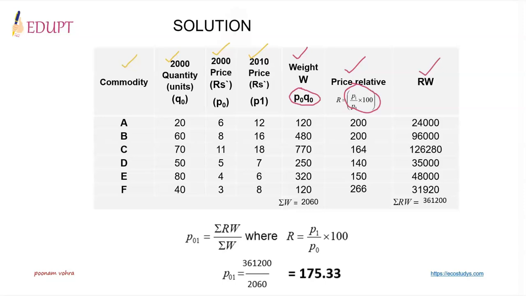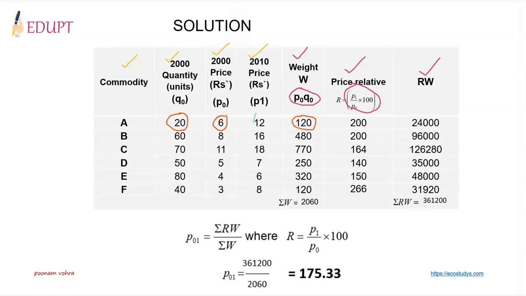Let's have a look at the first item. Now, to find P0 Q0, you need to take into account for commodity A, P0 is 6, Q0 is 20. So you get 120. And to find price relative, P1 by P0.